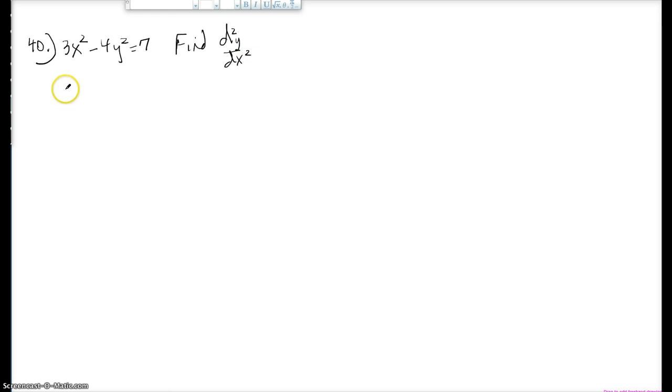Your first step is to find the first derivative. Using implicit differentiation, the derivative of 3x squared is 6x. And the derivative of negative 4y squared is negative 8y dy/dx. And the derivative of 7 is 0. I'm going to solve for dy/dx.